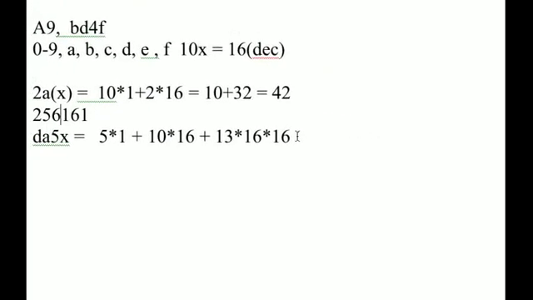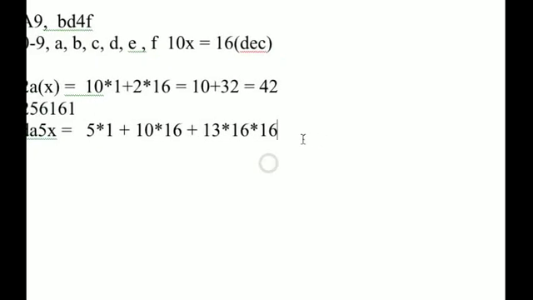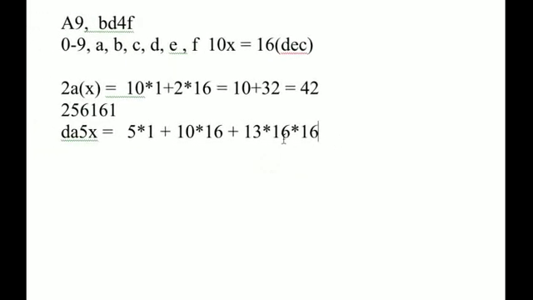So after we finish this multiplication and addition, we'll get a big number, and you can calculate it yourself, and this is the conversion of the number DA5 in hexadecimal to a number in decimal.